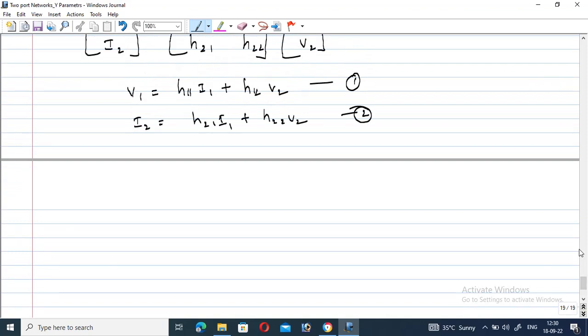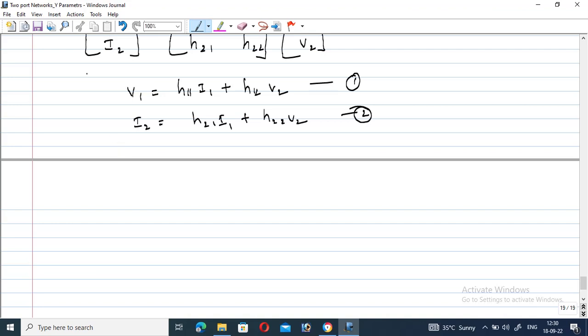Now if you want to find out h11, h12 and so on, you have to take one of the parameters to be 0. So for that purpose, assume first that I1 is equal to 0. I1 is equal to 0 means a short circuit. Assume short circuit conditions at the output, and V2 is equal to 0.